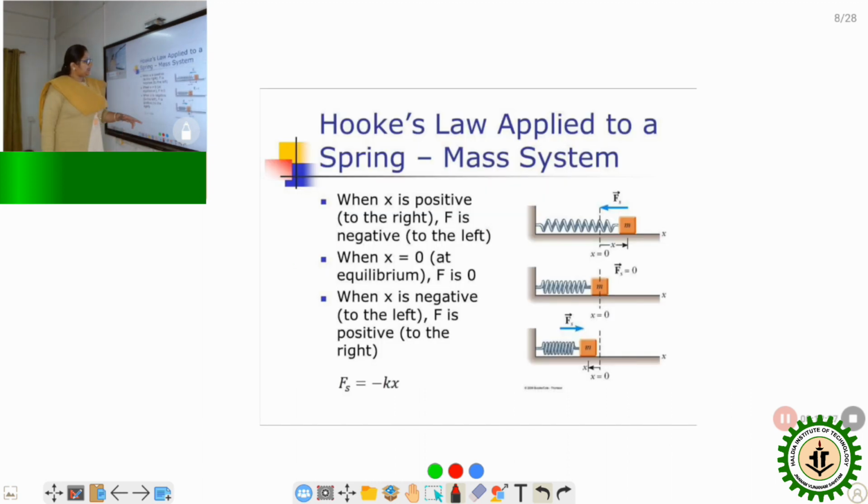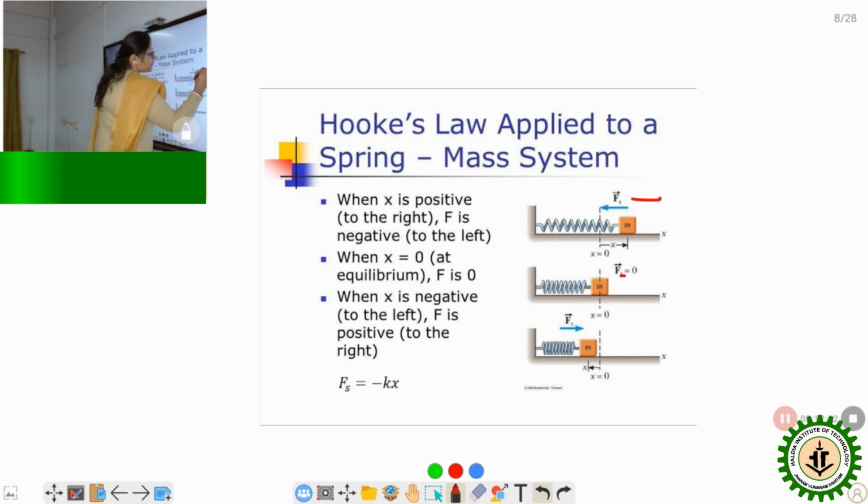In this slide, I try to show how Hooke's law is applied to a spring mass system. You can see this is the position when x equals 0, that means at its equilibrium position. There is no restoring force, you can see F equals 0. Now when x is displaced in the positive direction, you can see F is negative. Why is F negative?